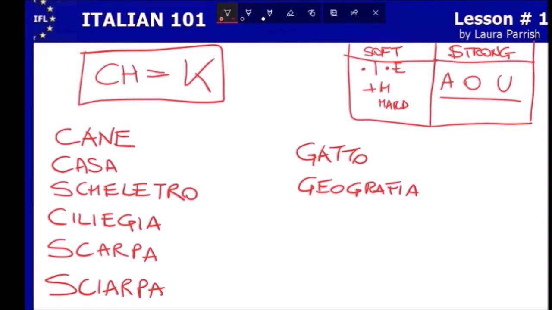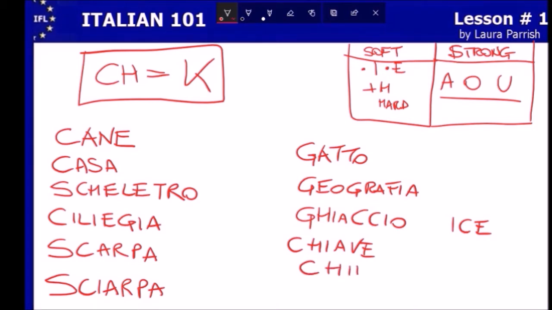Then we have, oh, this is a good one. This is ghiaccio. Then we have chiave. Ghiaccio is ice, okay? Ice. Then we have chiave. That is a key. I'm gonna write you the meaning, don't worry. Chiave, then you have, oh, chiesa, church.